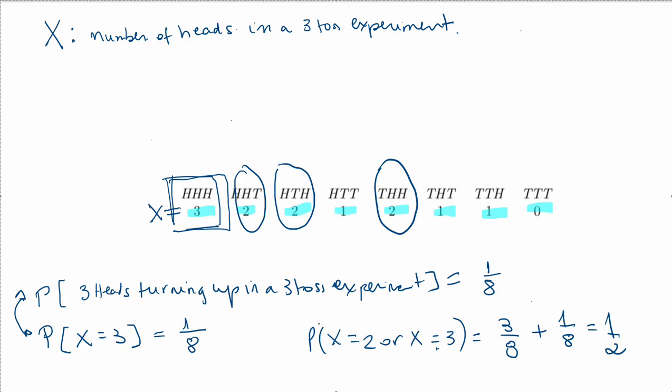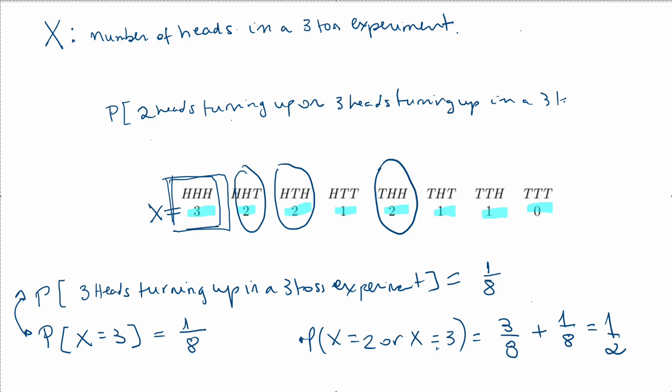Okay? Because if I were to ask this in English, I would have to say, what's the probability of 2 heads turning up or 3 heads turning up in a 3-toss experiment. And so it's crazy to do things like that.